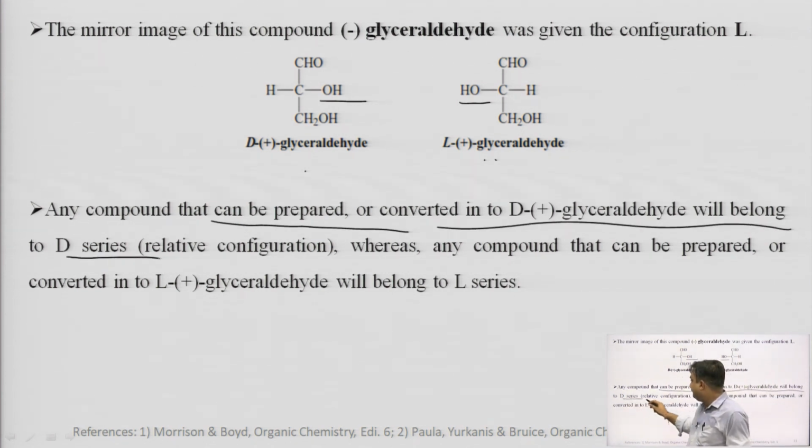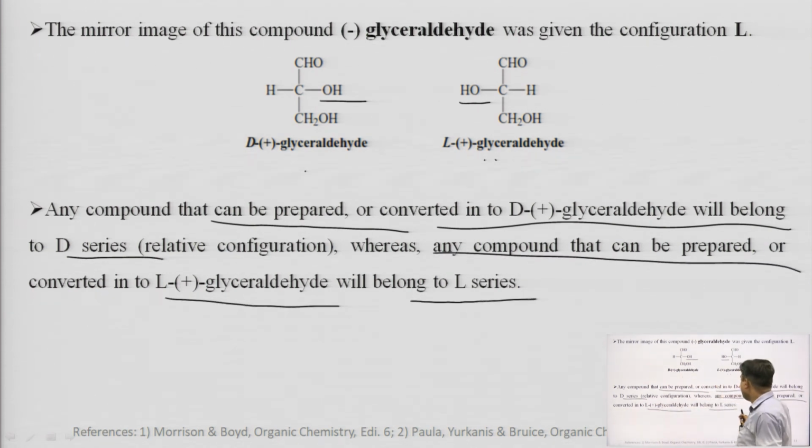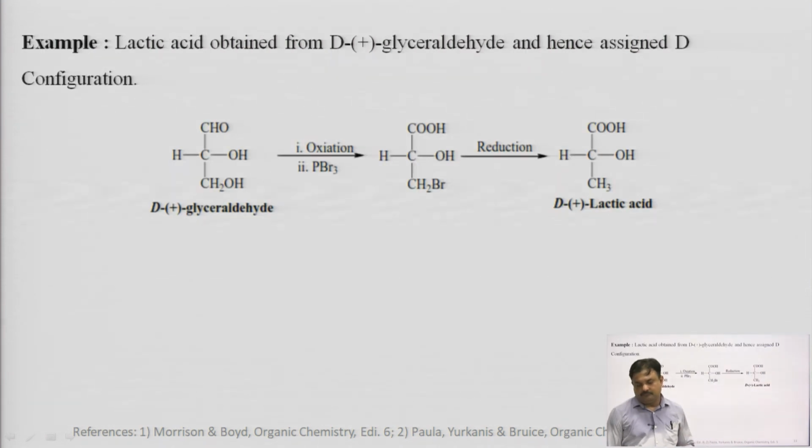Any compound that can be prepared from or converted to D glyceraldehyde belongs to the D series, whereas any compound that can be prepared from or converted to L glyceraldehyde belongs to the L series. In the simplest way, we just compare the arrangement of atoms on the second carbon from the bottom. If a molecule has the same arrangement as D glyceraldehyde, it is known as a D molecule. If it has the same arrangement as L glyceraldehyde, it is known as an L molecule.